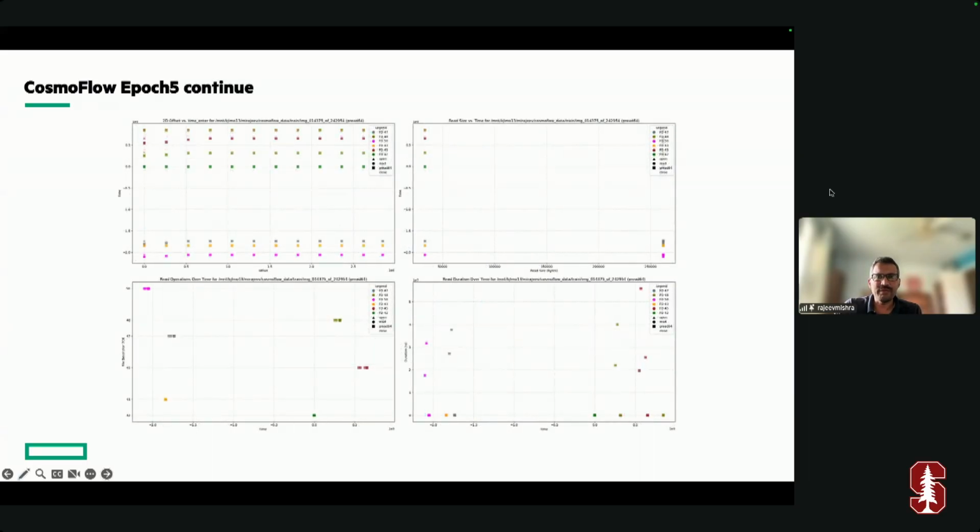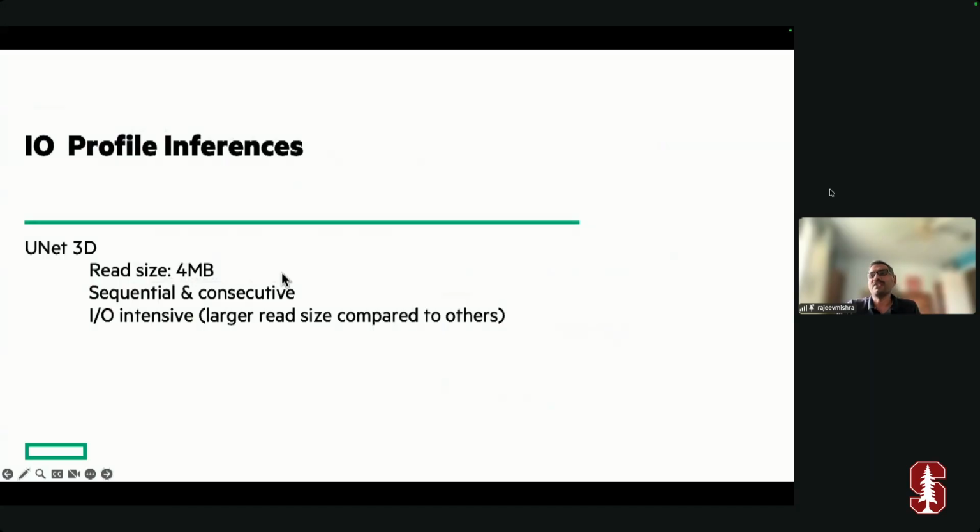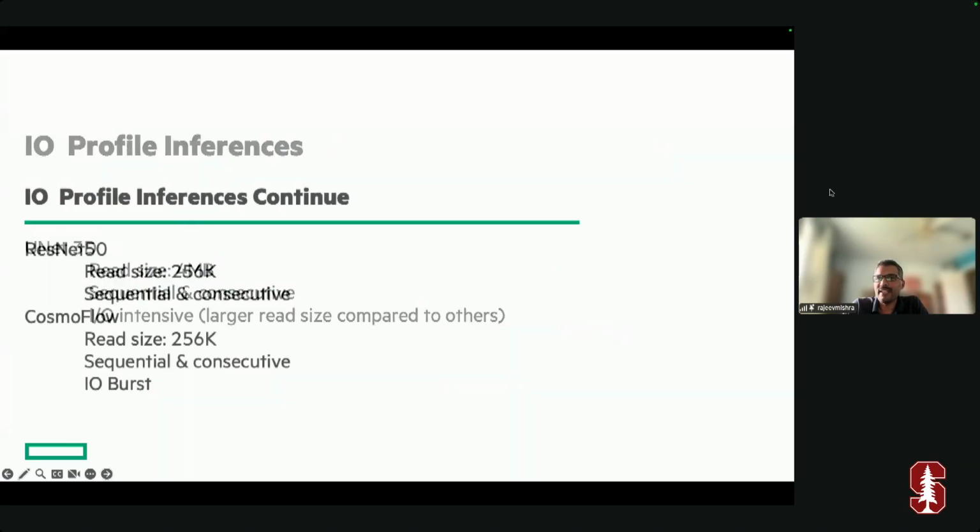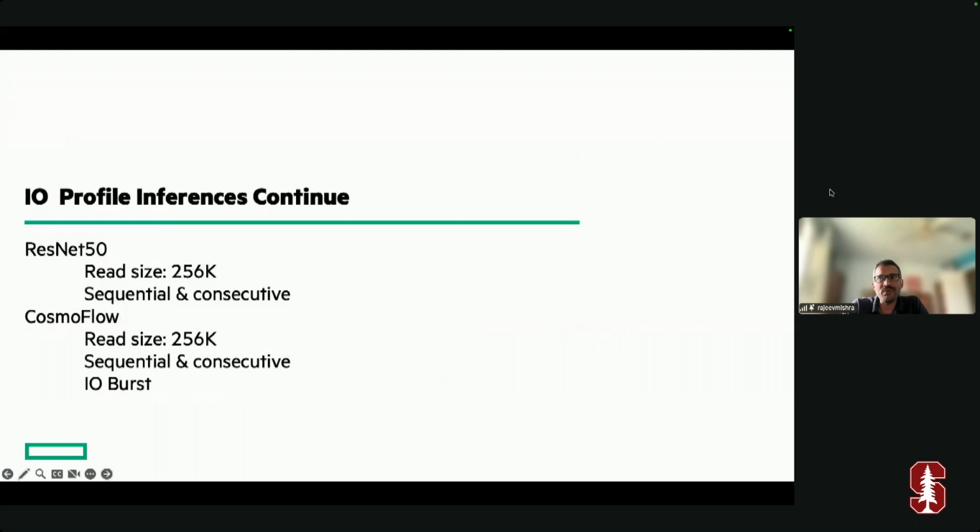So as I said, the IO profile inferences were: read size was 4 MB, sequential, consecutive, and IO intensive for Unit 3D. ResNet was 256K, sequential, and CosmoFlow was almost the same, and the IO burst was there.